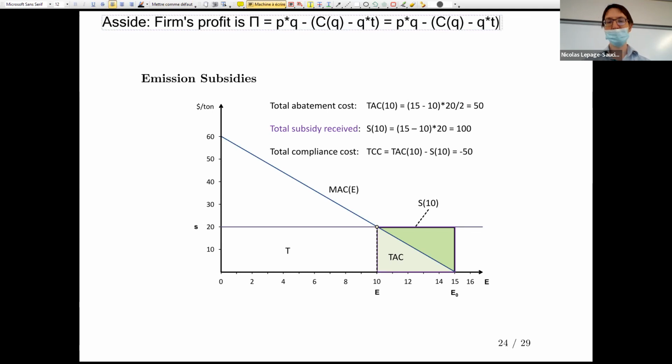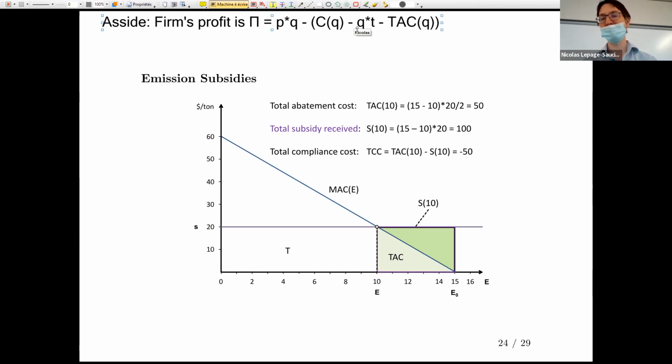Yeah, but now I'm just not doing the tax. I'm not even including the cost. So it's minus total abatement cost of something like... I haven't thought of it, but you would have to think about what the firm is. But I think it's still the same. It doesn't matter which sort of policy you get.